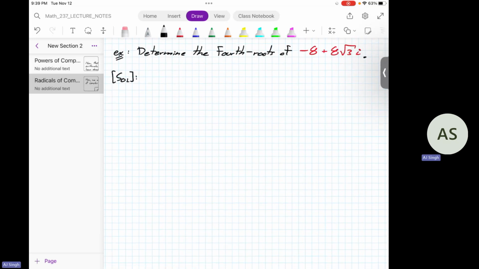So let's see. Determine the fourth roots of this number. First, convert to polar form. I think this guy is in quadrant 2, so bada bing, bada boom. Imaginary axis, real axis down there. We've done this many times now.